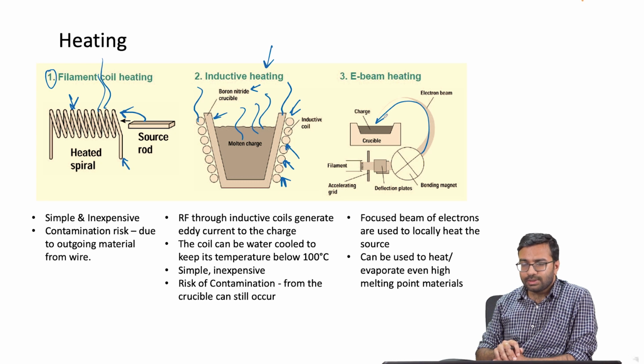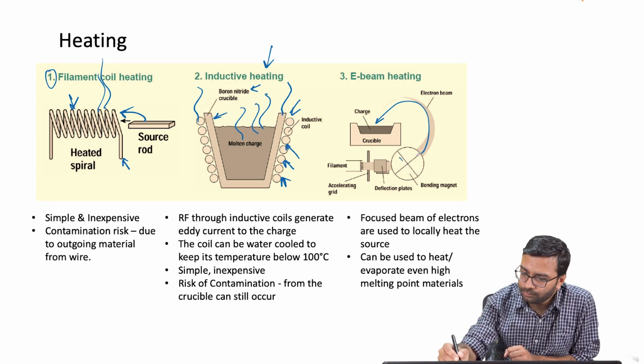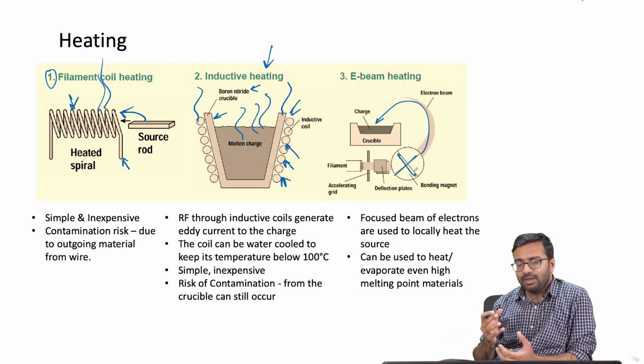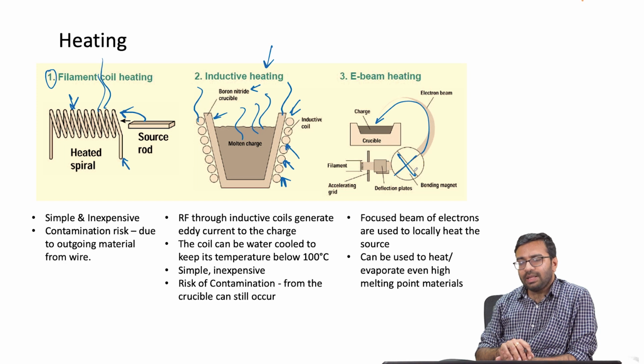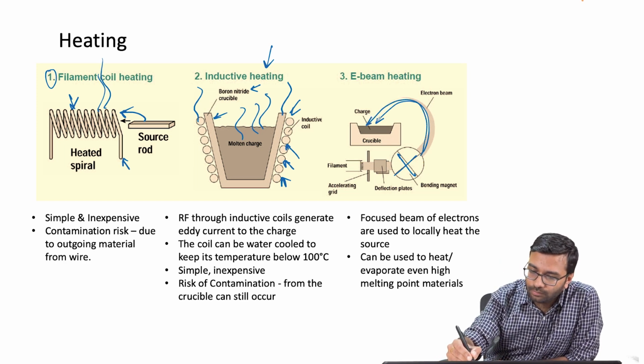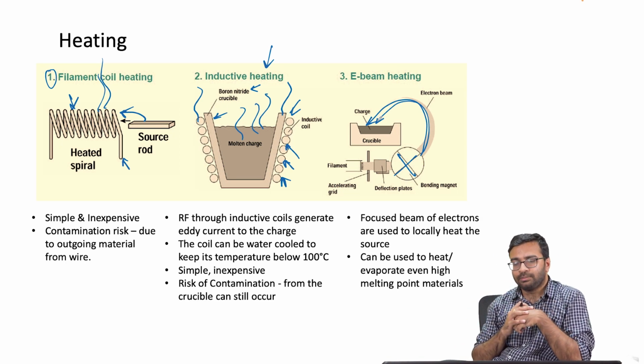So, what they do is, in this case they have a source of electron, say a filament, and then they use the electron beam in order to heat the source material.